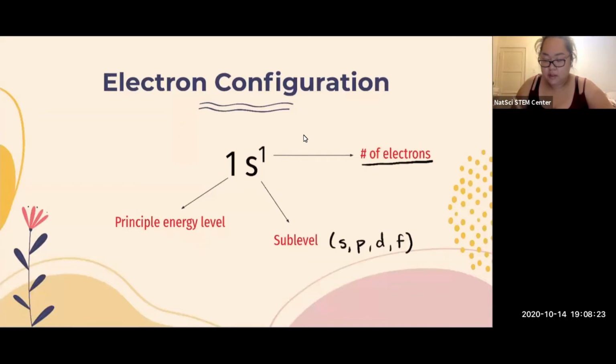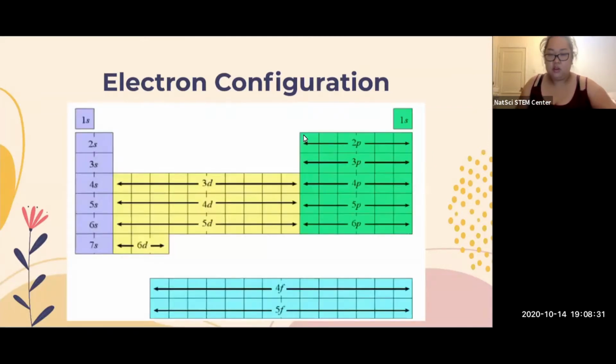So this is the standard configuration, and this is only for the s orbital that we're covering first for the example. I would recommend for you guys to take a picture of this table. It tells you which columns and which rows fall into what for electron configuration.